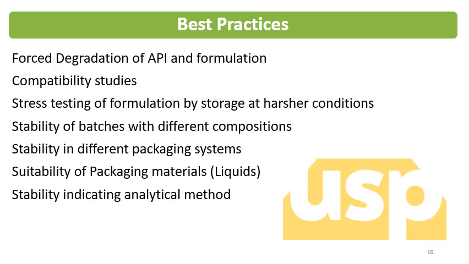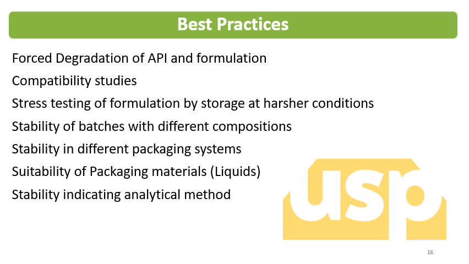Perform forced degradation of API along with the formulation. Perform extensive compatibility studies. Stress testing of the formulation by storage at harsher conditions. For example, store the formulation for some weeks or some months at 50 degrees to understand whether there is an impact of temperature.